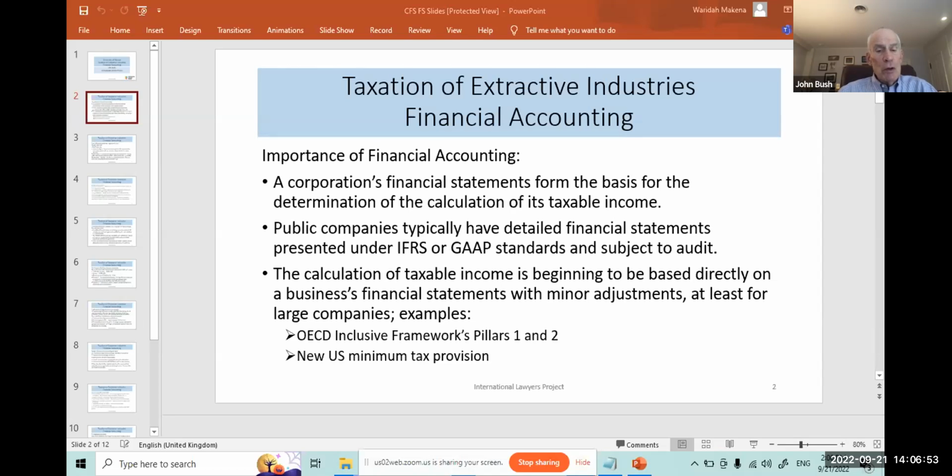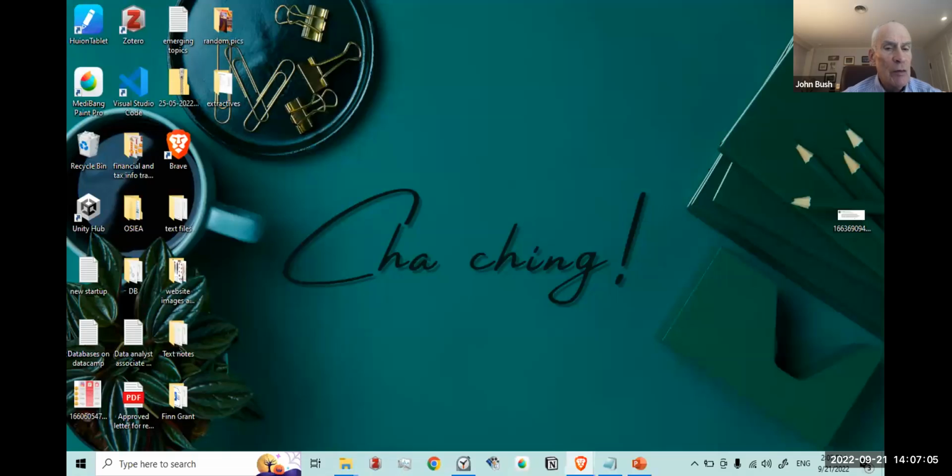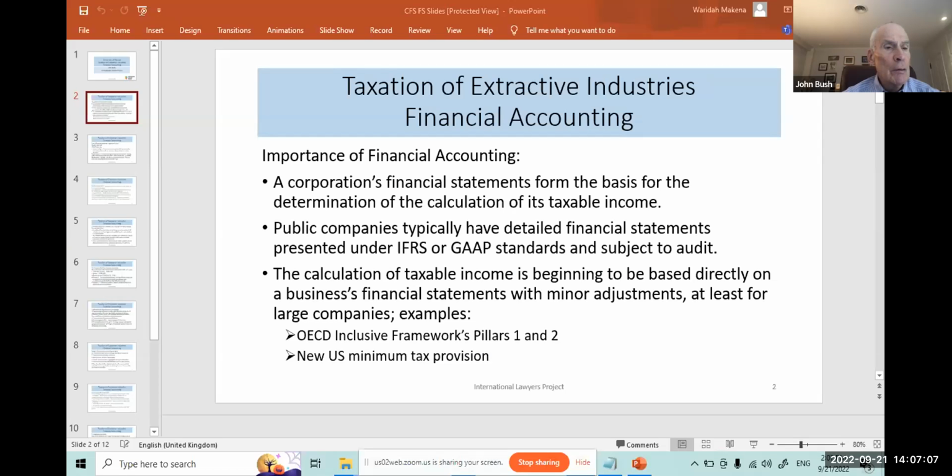And that's true in the United States as well, with respect to a new minimum tax provision. So financial accounting is of increasing importance, not just as the bedrock for taxable calculations, but also that's directly the reference point for those calculations.